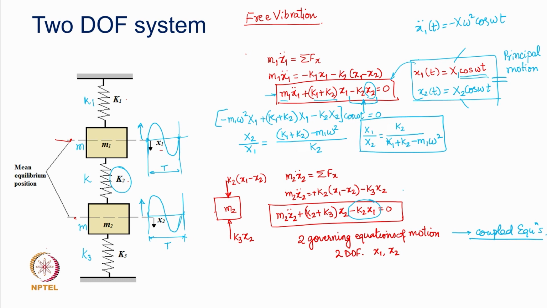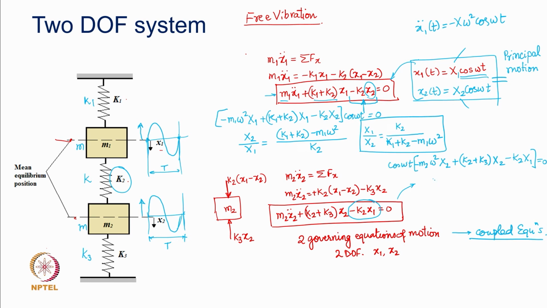And by substituting into the second equation, you would get, minus m2 omega square X2 plus K2 plus K3 into X2 minus K2 into X1, the entire thing multiplied by cos omega t, of course, equal to 0.